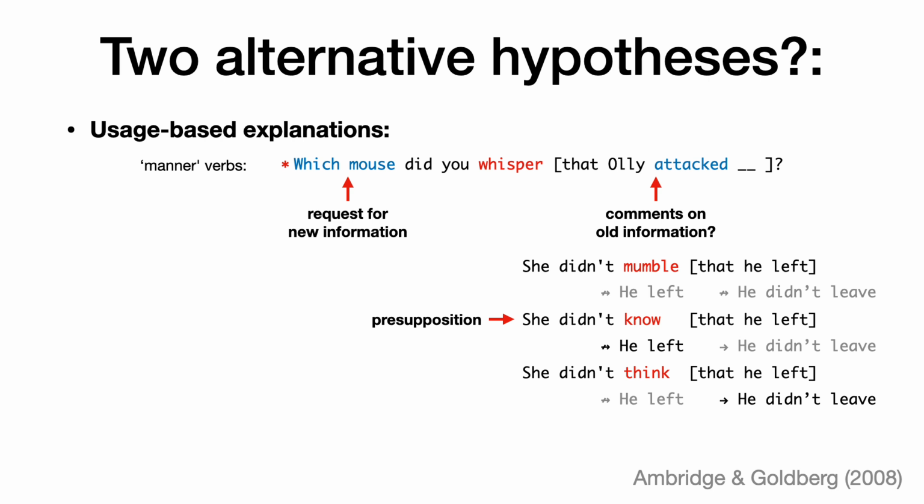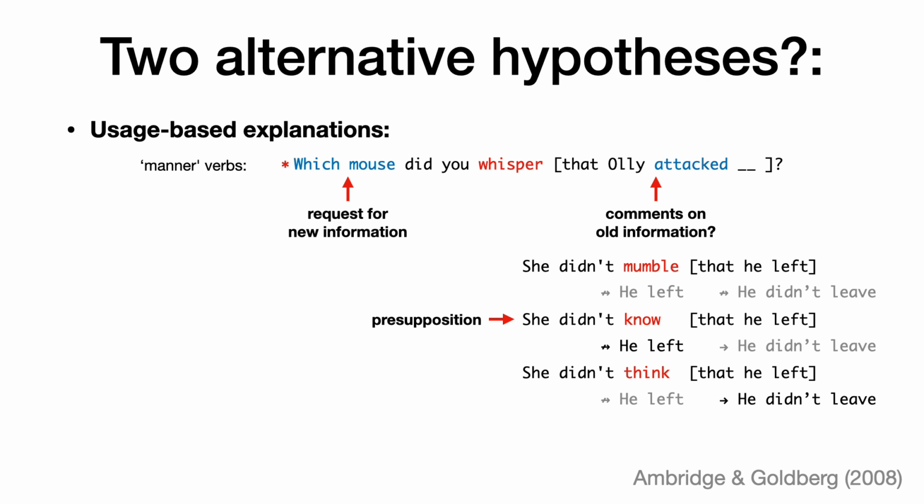If I say something like, she mumbled that he left, it doesn't really tell you one way or the other whether he left or not. And if I say she didn't mumble that he left, it also doesn't really tell you whether he left or not, right? Because the point of saying she didn't mumble that he left or she mumbled that he left isn't whether he left. The point is the mumbling. It's the way that she said something, right?